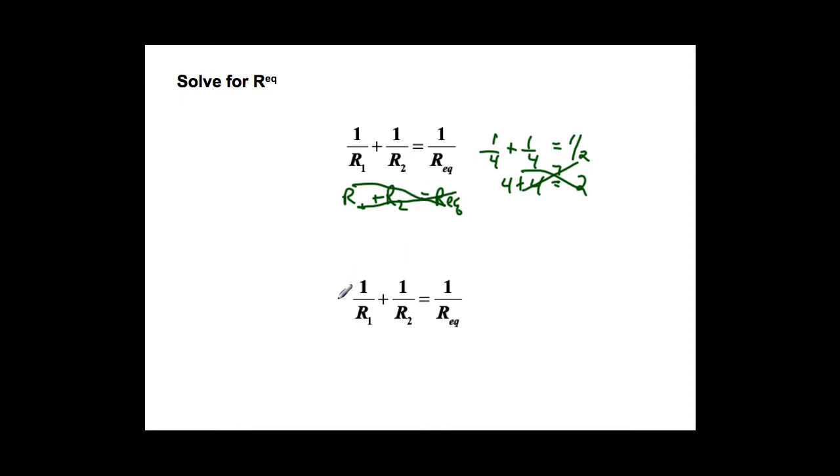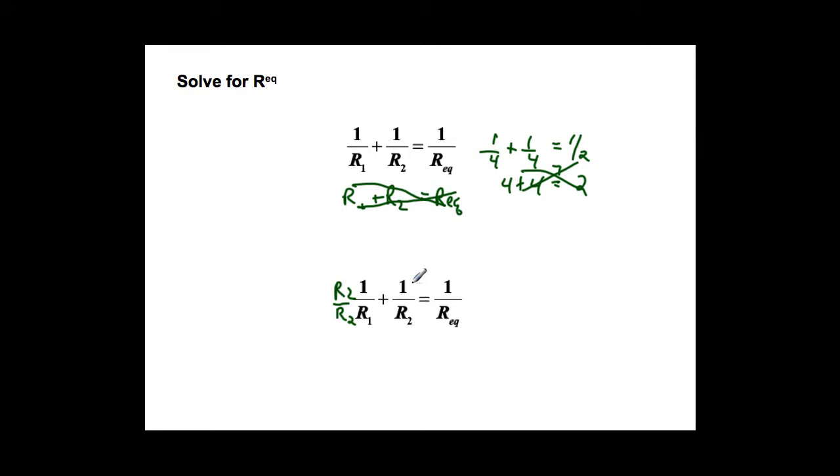Normally, whatever you do algebraically to one side, you have to do to the other side. The exception to that is that you're allowed to do something to one side, not the other side, provided that it's just multiplying by 1. So I think what I'm going to do here is just multiply this one term by 1, or in other words, r2 over r2.